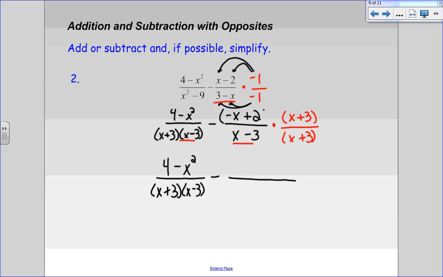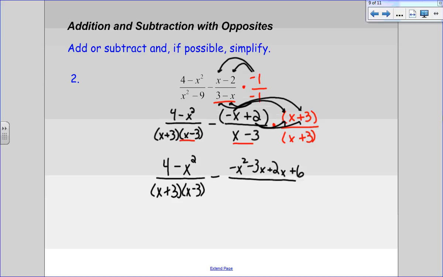So in the numerator, we're going to have to use what's sometimes referred to as the FOIL technique to distribute all of these terms. So we get negative x times x is negative x squared. Negative x times 3 is minus 3x. A positive 2x and a positive 6. And before I go any further, I'm going to go ahead and combine these like terms.